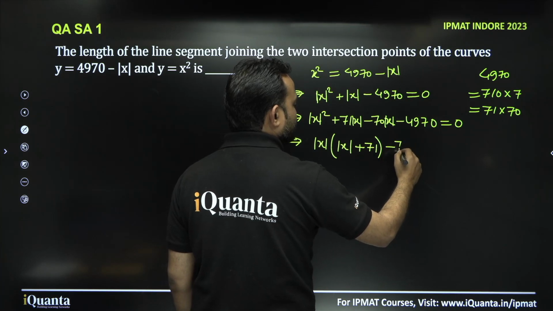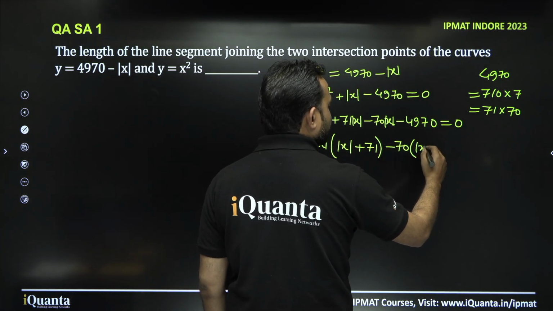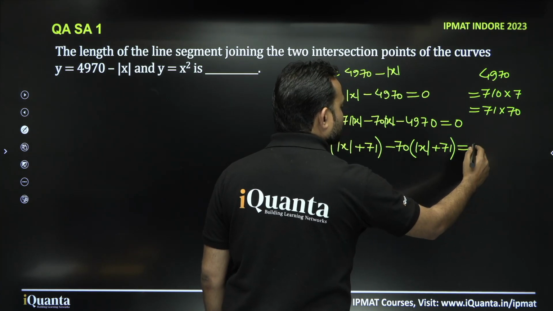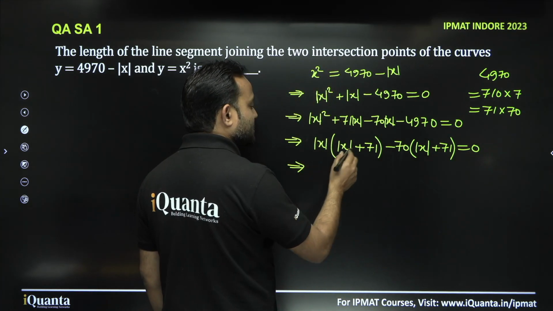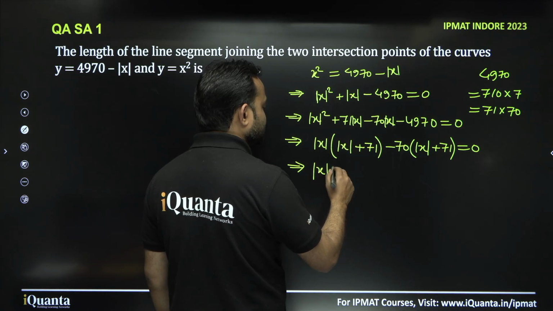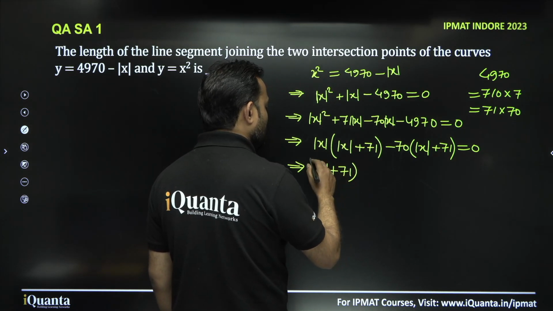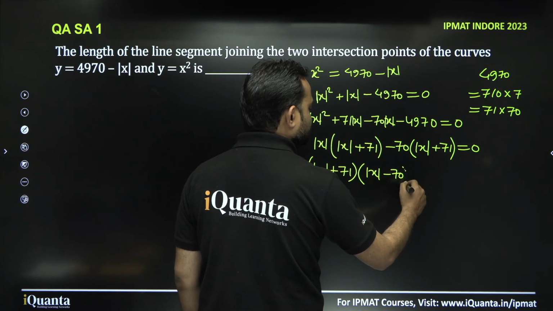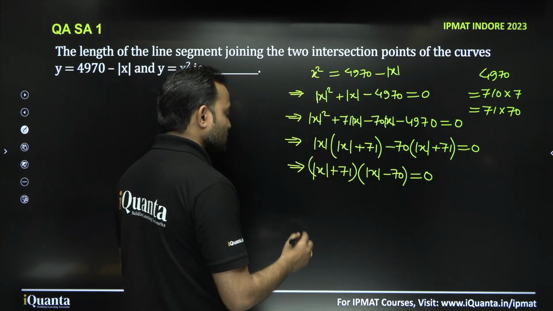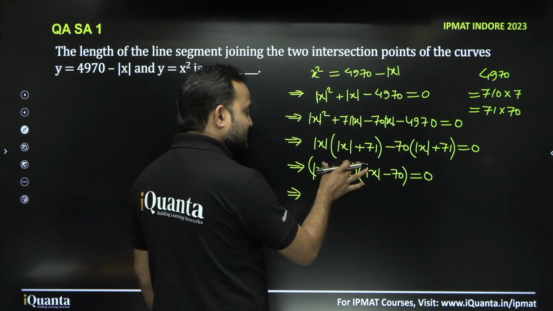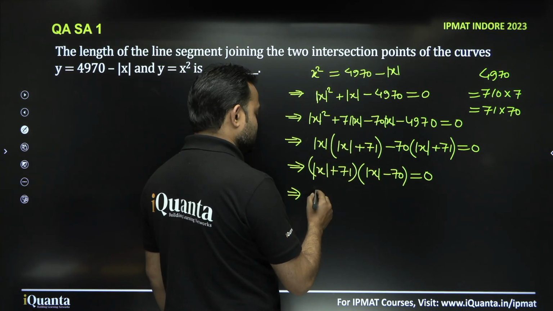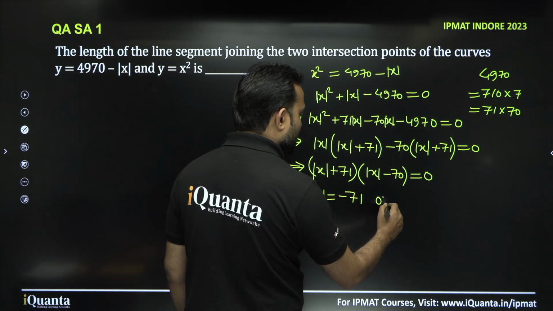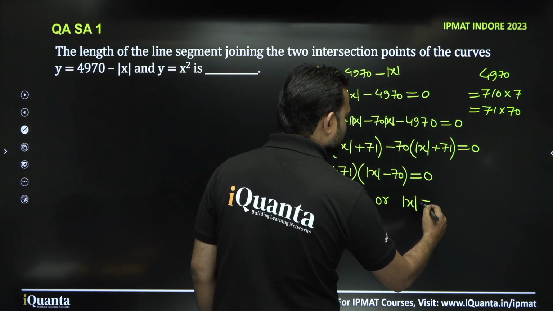And then if I take minus 70 common here, then again I get mod of x plus 71 is equal to 0. Then if I take mod of x plus 71 as common, then we get mod of x minus 70 is equal to 0. So from there we can say either this term is 0 or this term is 0. So we can say mod of x should be minus 71 or mod of x should be 70.